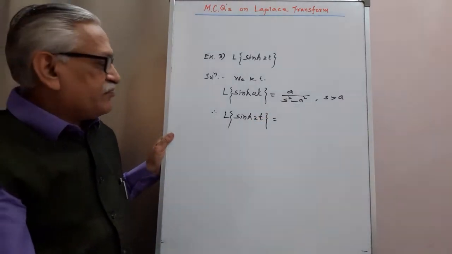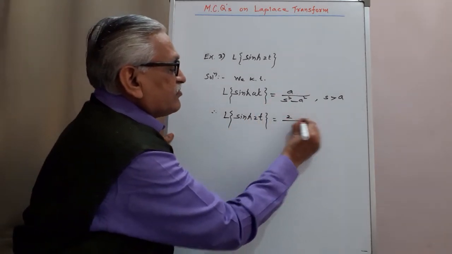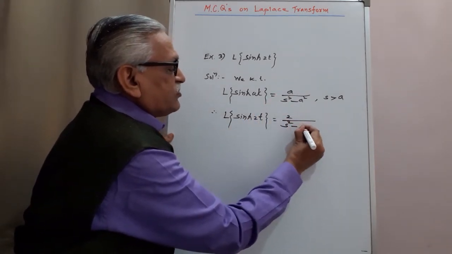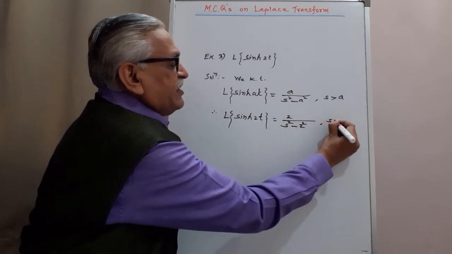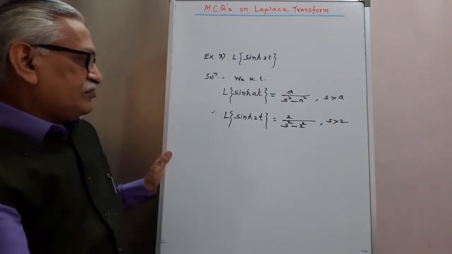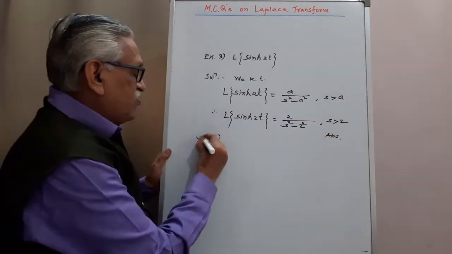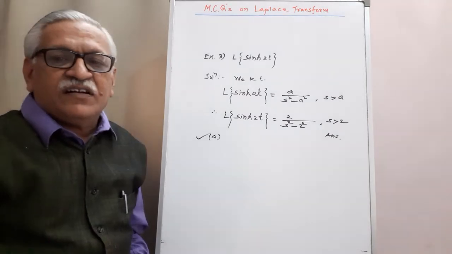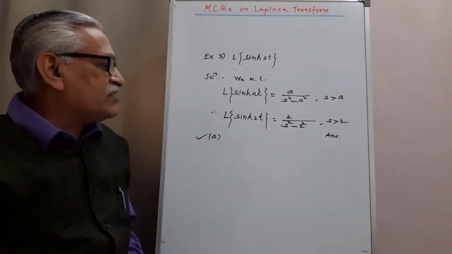Comparing we get here a as 2, therefore it is 2 upon s square minus 2 square, provided s greater than 2, as the answer, option A out of the 4 options as the required answer.